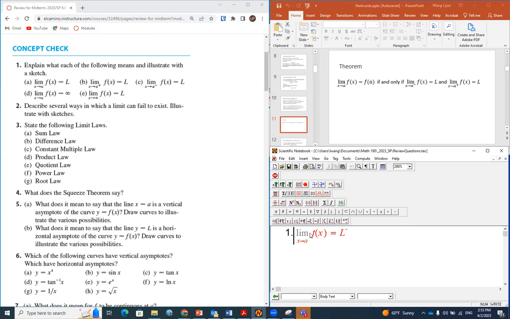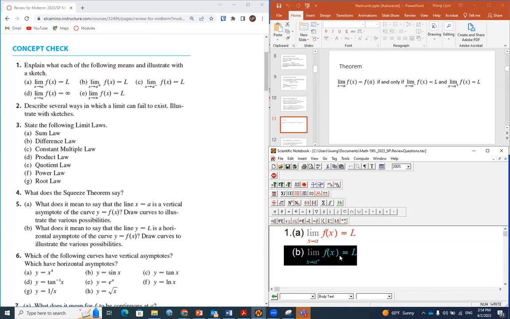So for this is A, you put these cards together, and there's a B: limit from left, limit from right.